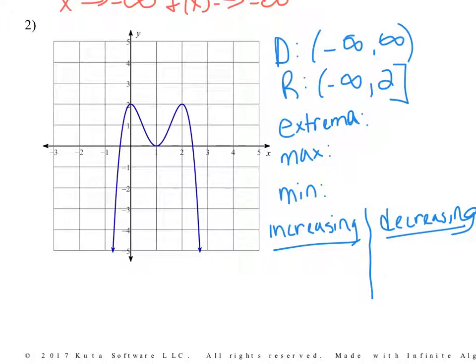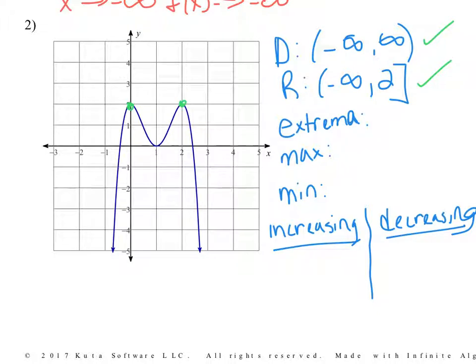Okay, hopefully you got these two for the domain and the range. The extrema, remember, is where the graph is neither increasing nor decreasing. So any mountain or valley is going to be your extrema. Here are two mountains, here and here. Those are going to be your maxes.